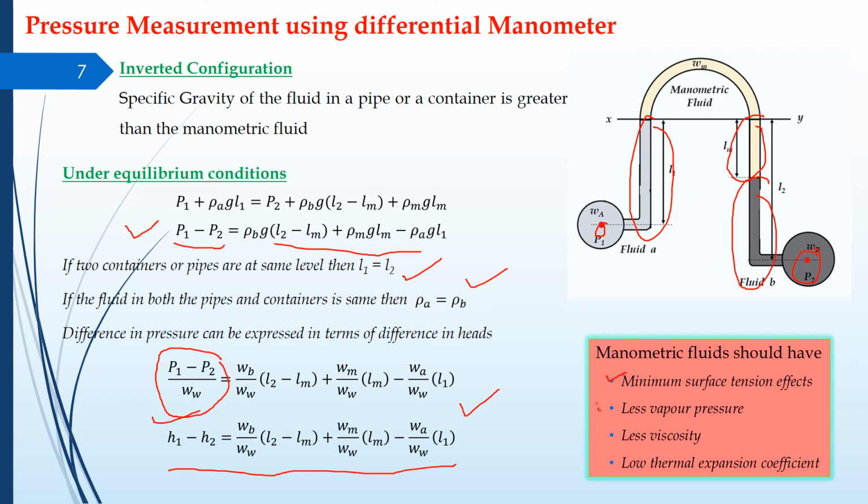If there is more vapor pressure, the fluid will tend to vaporize, and certainly it will again cause some errors in the pressure measurement. Again, it should have less viscosity, because with less viscosity there will be less resistance. Also it should have a low thermal expansion coefficient. So these are basically the properties which should be there in case of your manometric fluids.